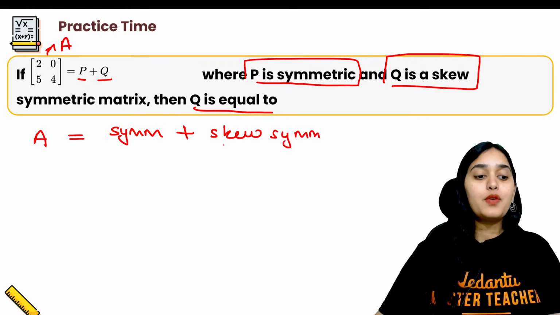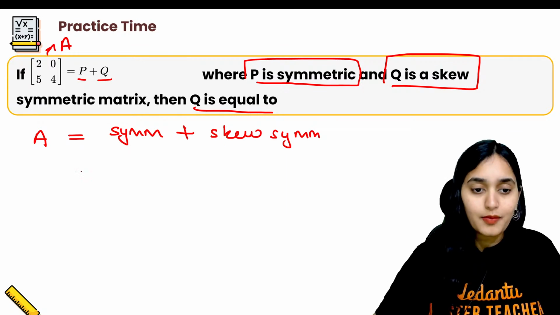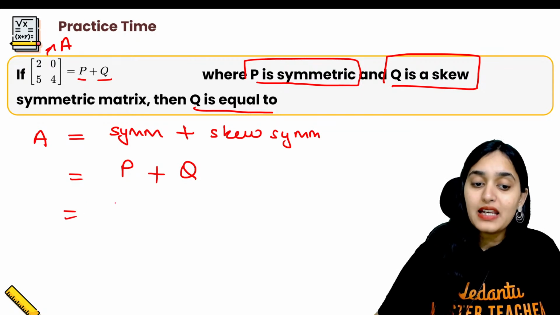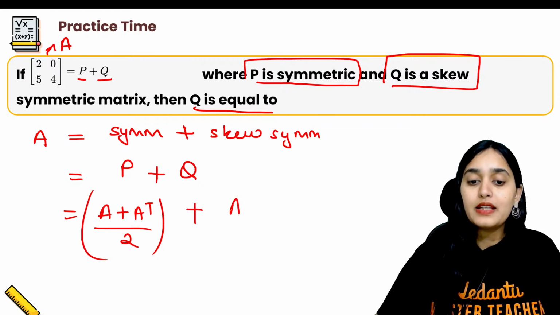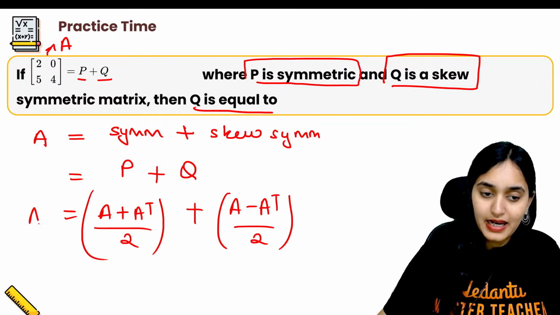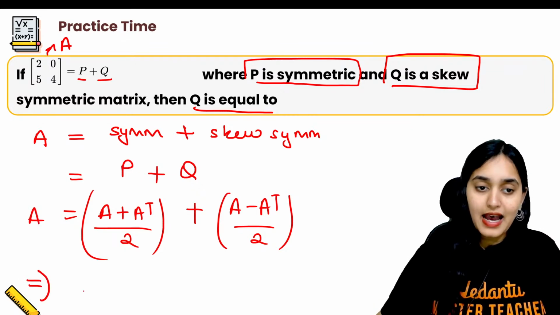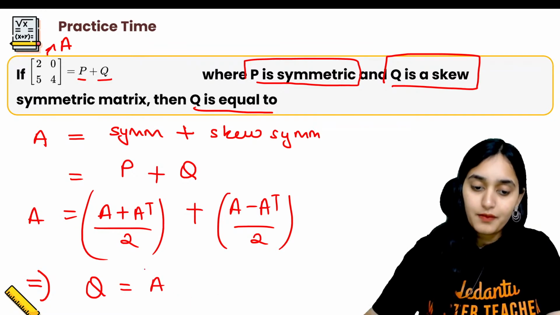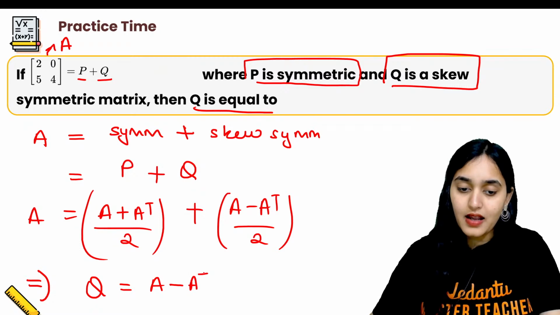Any matrix is equal to a symmetric and a skew symmetric matrix. So P plus Q. Now what is P? P is A plus A transpose divided by 2. What is Q? Q is A minus A transpose divided by 2. Right? So this implies that Q is equal to A minus A transpose divided by 2.